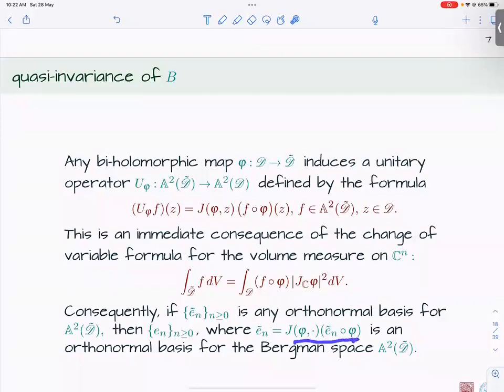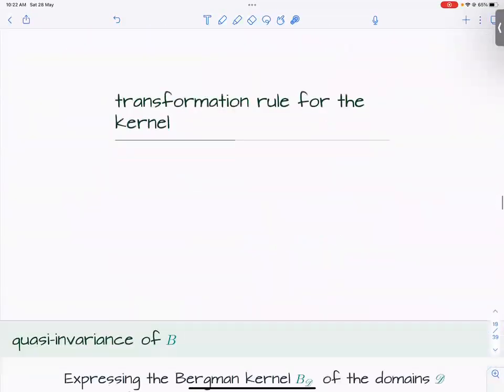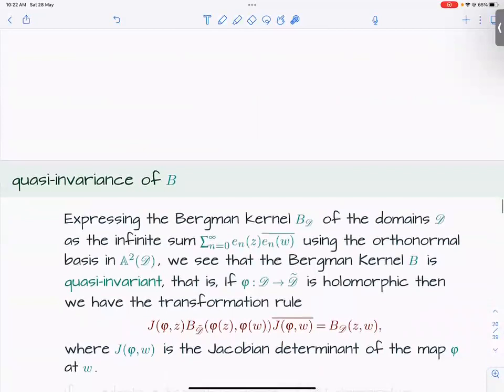That is the unitary operator, and that you are defining to be En. Okay. So from any orthonormal basis in A2 of D tilde, you get an orthonormal basis in A2 of D. Now this means that the Bergman kernel has what one might call a transformation rule. Let us see how that works.